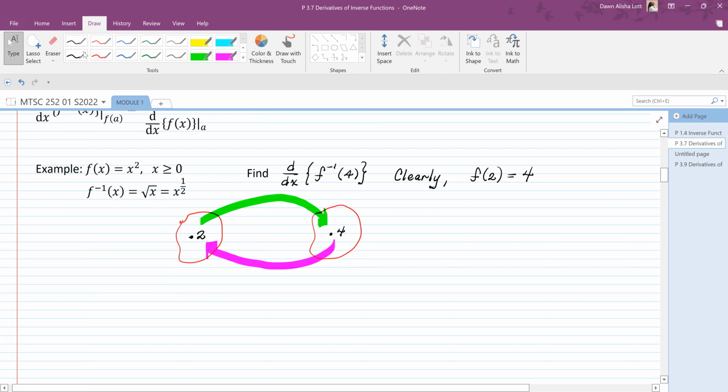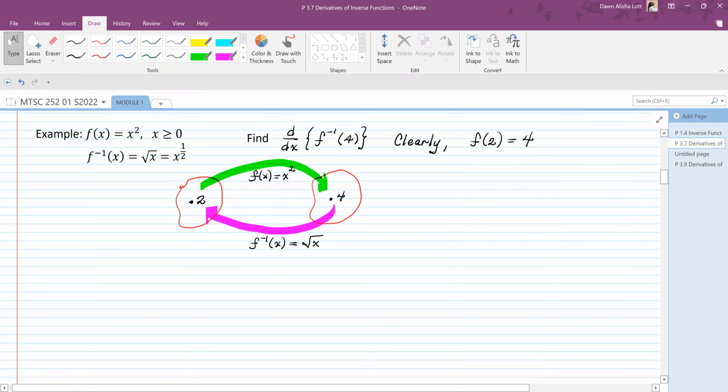So here we have f of x is equal to x squared. And going backwards, the inverse is the square root of x. So now the question is, what is the derivative now? So on this side, we want to know what the derivative with respect to x of f inverse of 4 is.